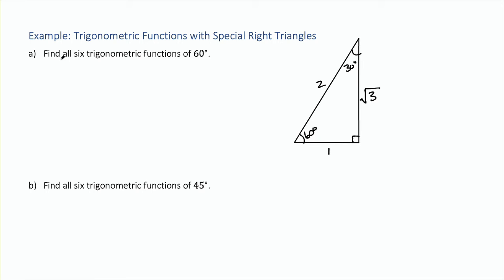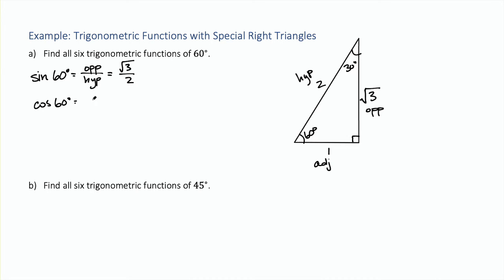So now I'm finding the 6 trigonometric functions of 60 degrees. Relative to this angle, here's our opposite side, here's our adjacent side, and here's our hypotenuse. And so now we can find those 6 functions. We've got sine of 60 degrees. Sine is opposite over hypotenuse, and that is square root of 3 over 2.